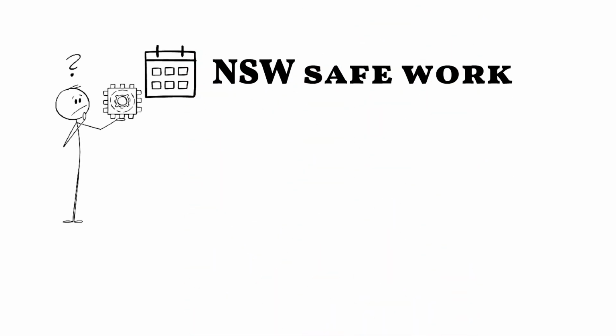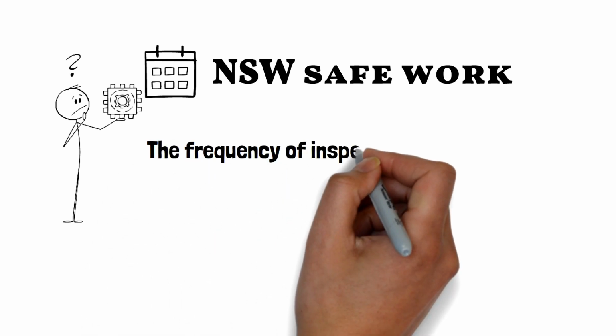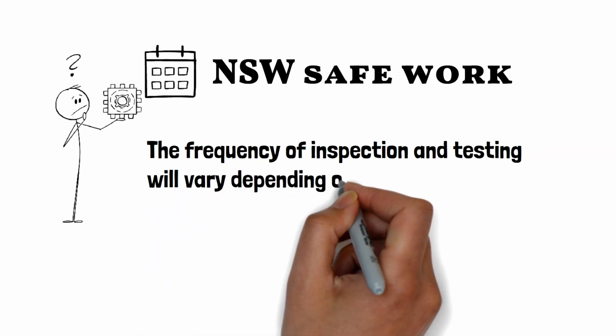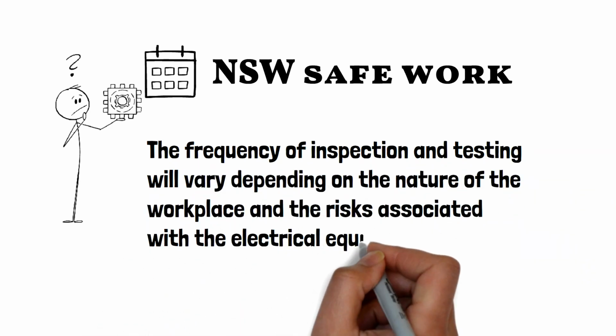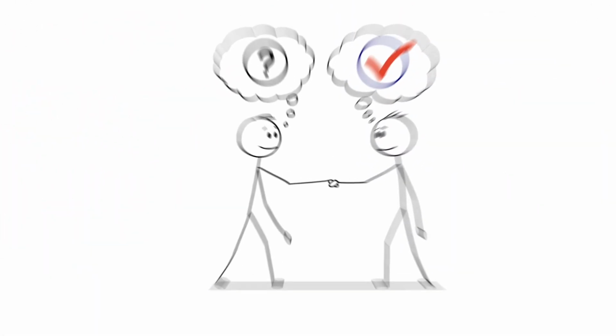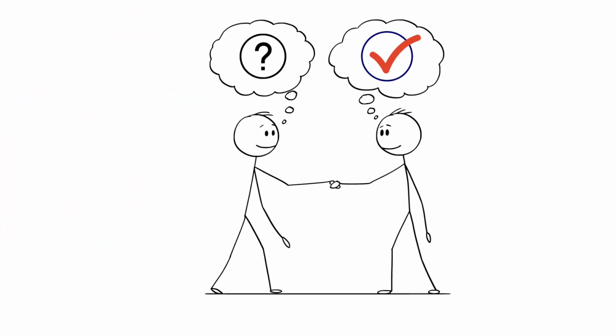New South Wales Safe Work advises that the frequency of inspection and testing will vary depending on the nature of the workplace and the risk associated with the electrical equipment. It is important to work closely with your competent person to ensure these requirements are met and all RCDs on your site are in working order. There is no point having RCDs to protect life that simply do not operate correctly.